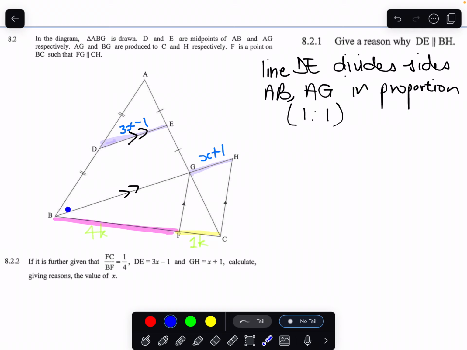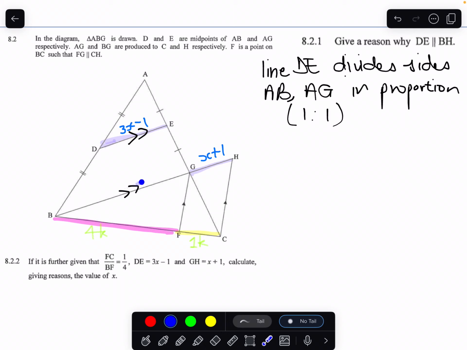Furthermore, we now look in this system, where we know that this triangle and this triangle are similar. The proportion factor, if I can call it that, is 2, because this side is double the length of this side, so this side will be double the length of this one.